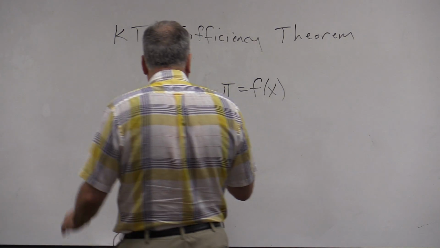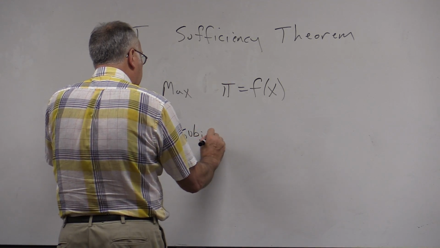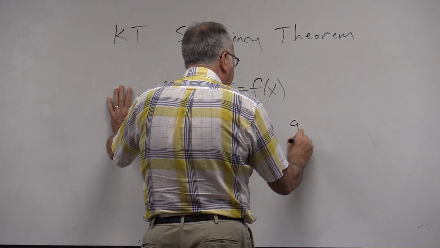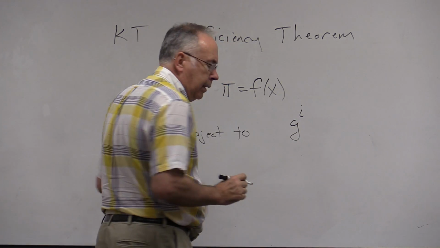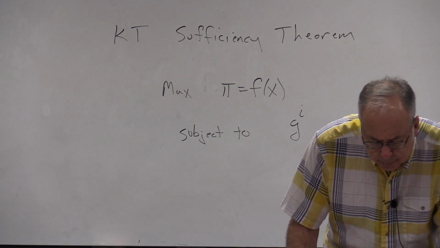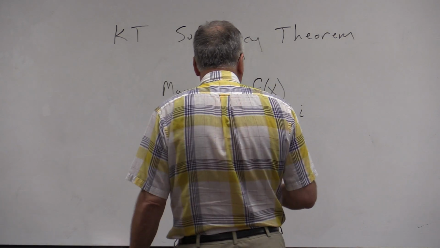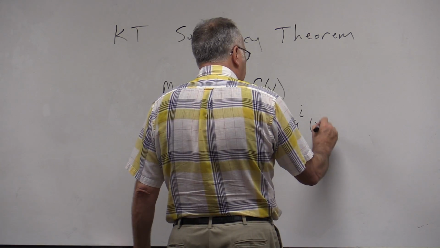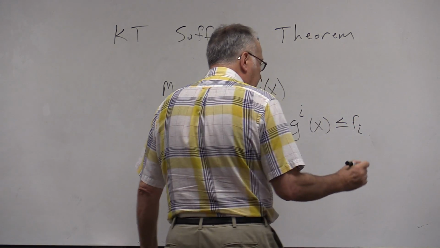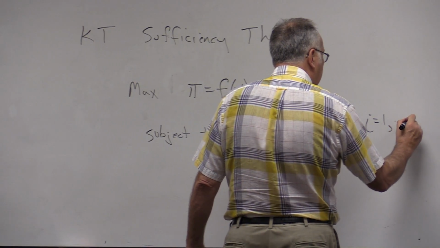Then you want to maximize that subject to these constraints: g superscript i, g sub i of x is less than or equal to r sub i, where i goes from 1 to m.